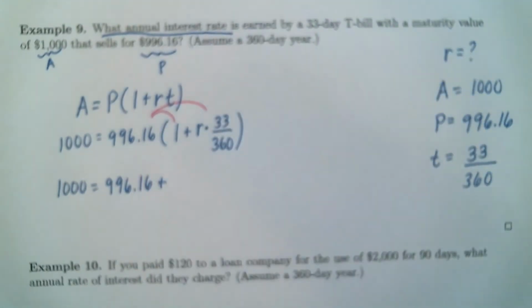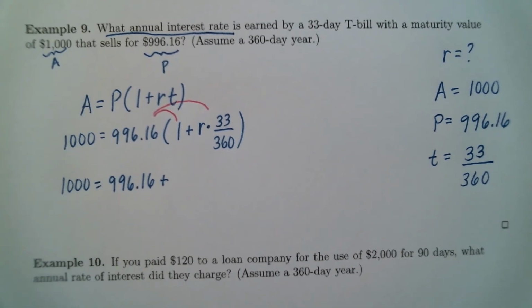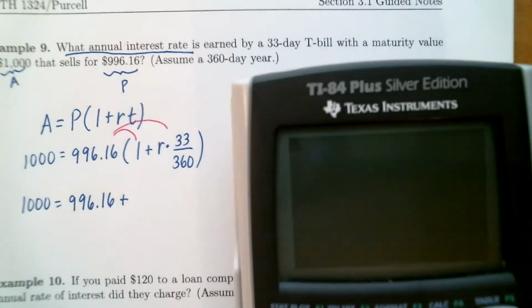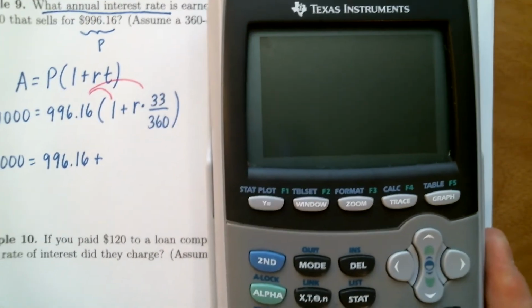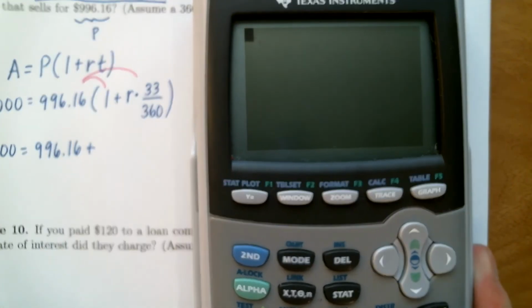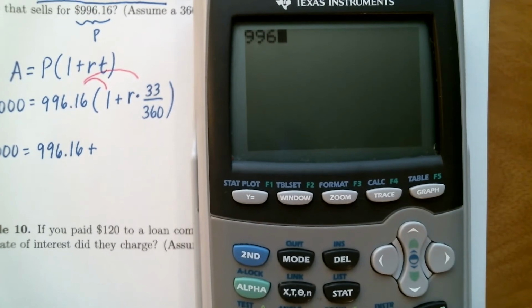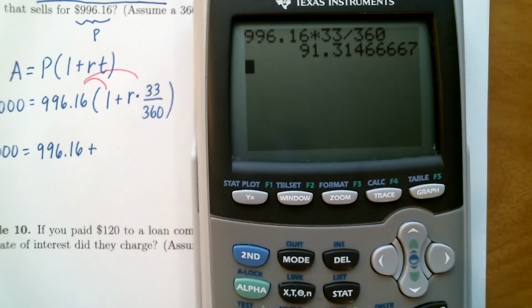Let's go ahead and compute what $996.16 times 33 over 360 is. Notice this is a crazy decimal.